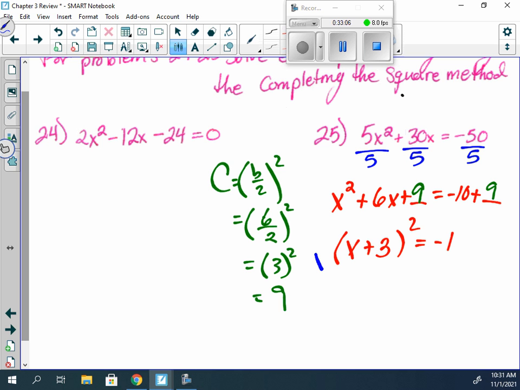Now at this point here, we would square root both sides, and the square root and square would cancel, leaving us with x plus 3 is equal to plus or minus i. Because the square root of negative 1 is, by definition, i.